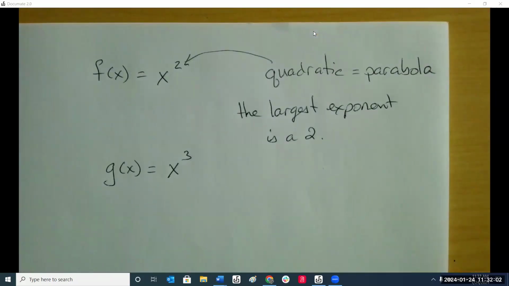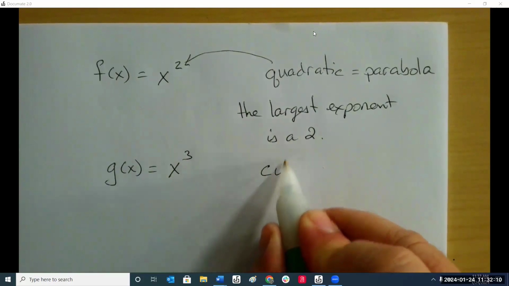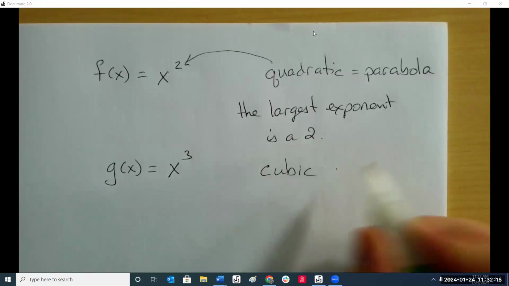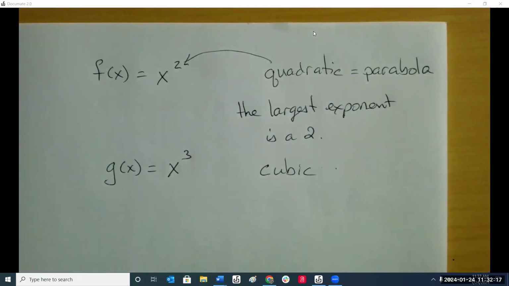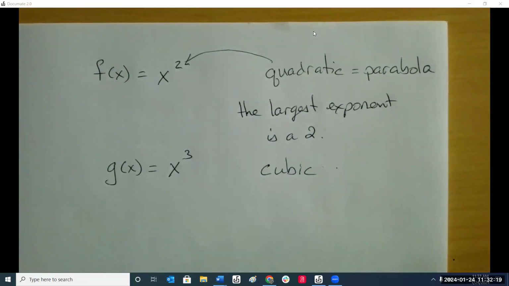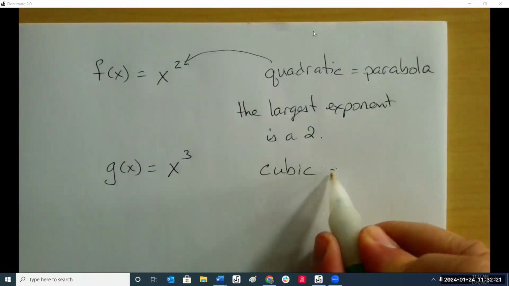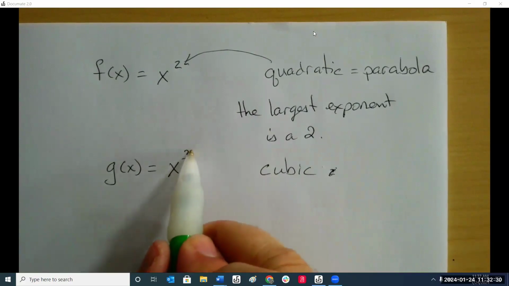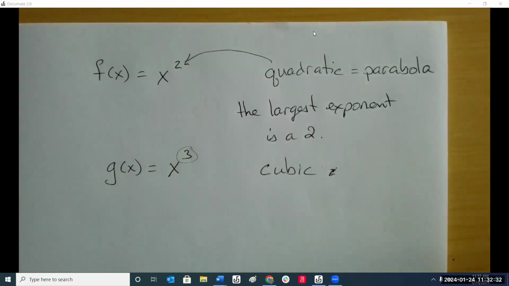What is that one going to be called? Very good. Called a cubic equation. And it defines a cube. But the differences between the two are pretty immense. Again, this one's a cubic because the largest exponent is a 3.